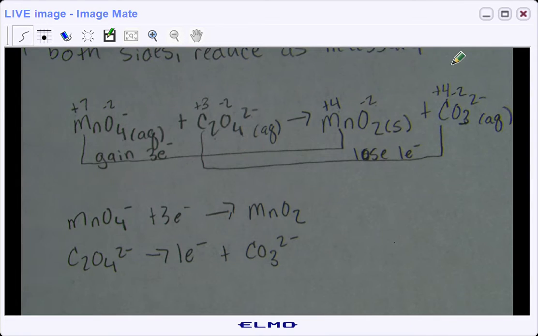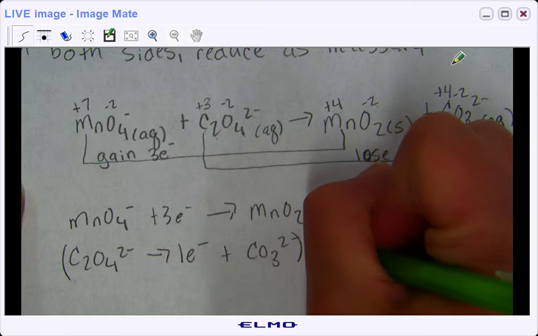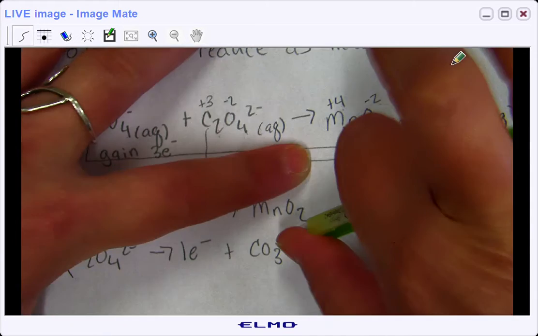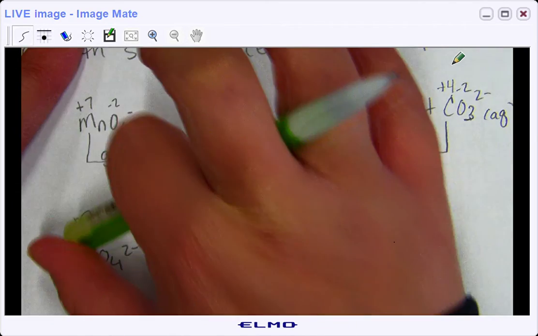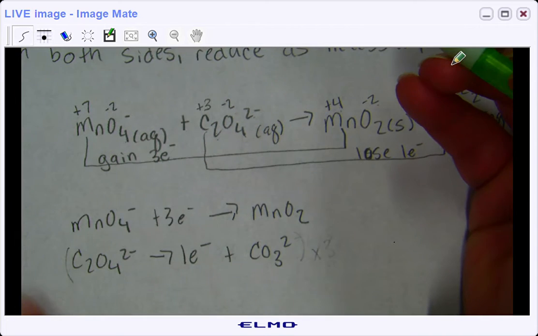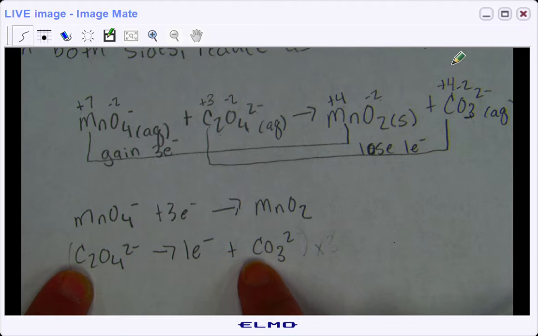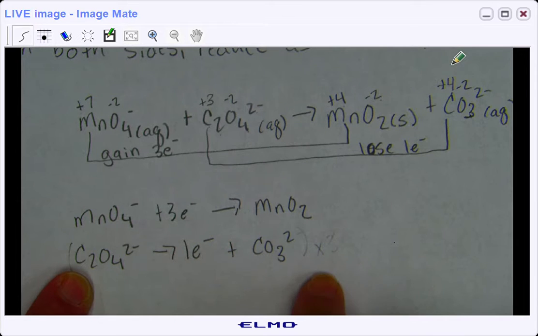All right, now we need to balance our electrons. So if I multiply my second equation by 3, that will balance my electrons. But before we do that, we also have to do one additional step in this problem. Notice carbon is not balanced. So we want to balance everything other than the hydrogen and oxygens before we do our multiplication, which we've already determined is going to be by 3.